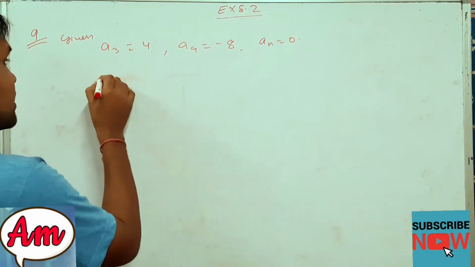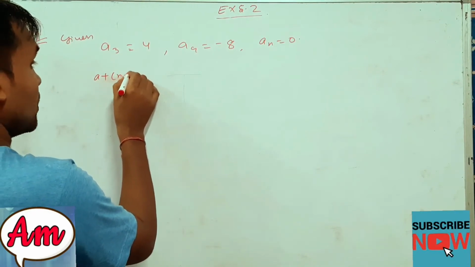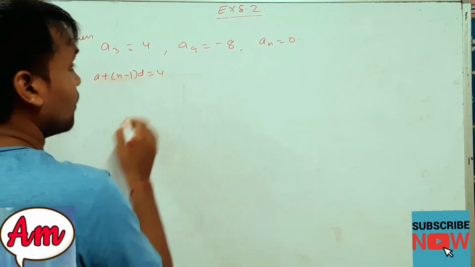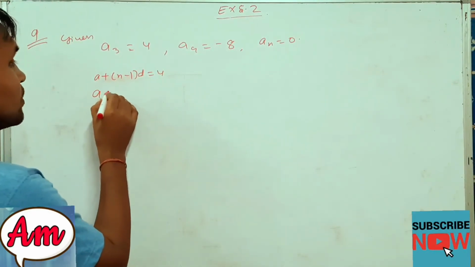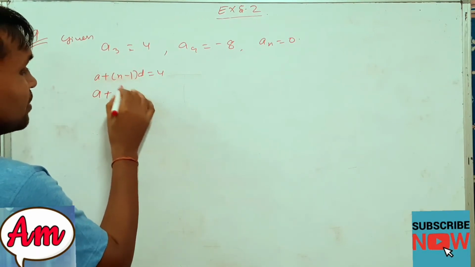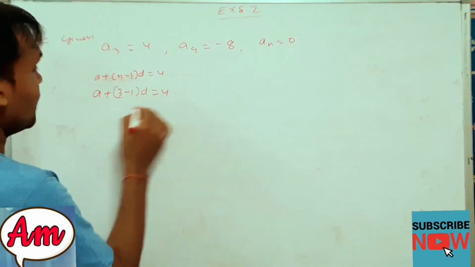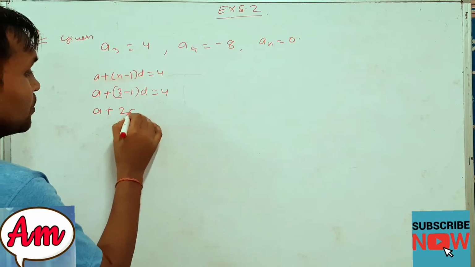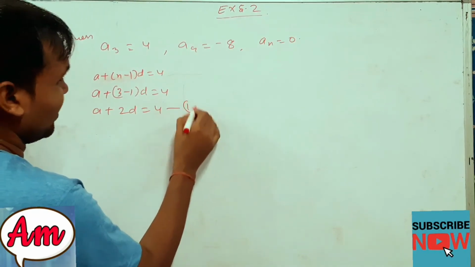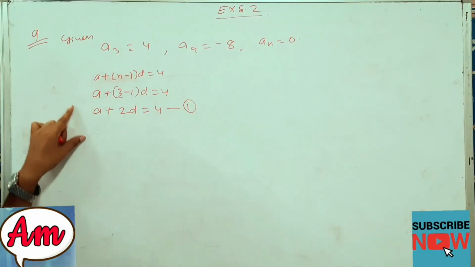We start with the same thing, a plus (n minus 1) into d equals 4. We don't know a, and n is 3, so a plus (3 minus 1) into d equals 4, that is a plus 2d equals 4, equation number 1. Why are we doing this, dear students?